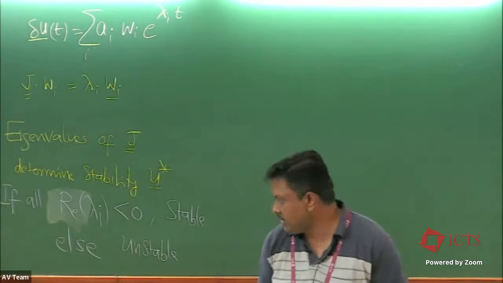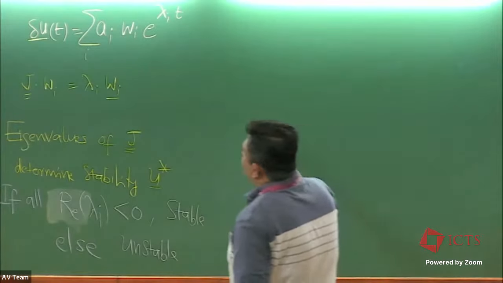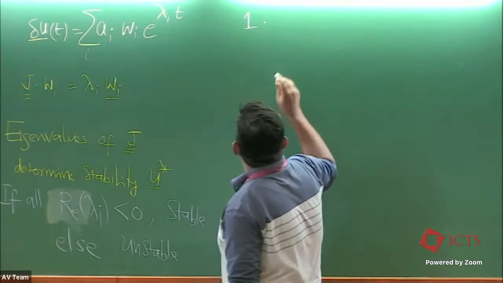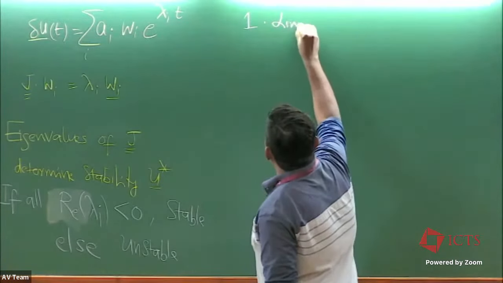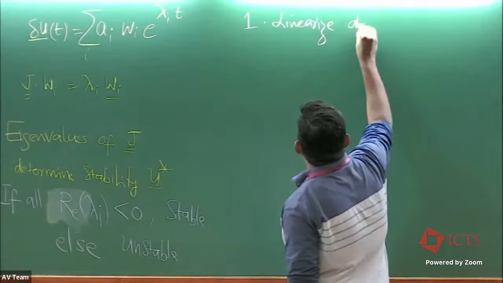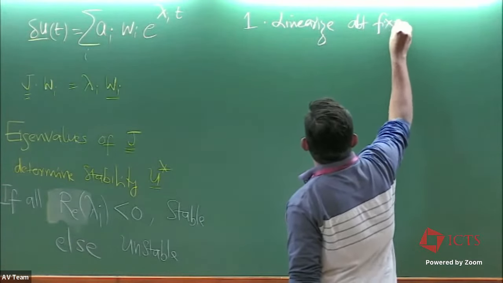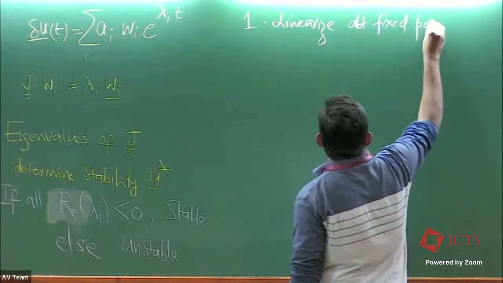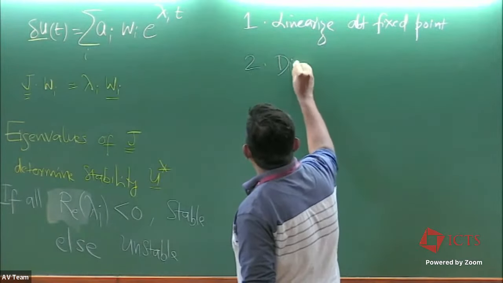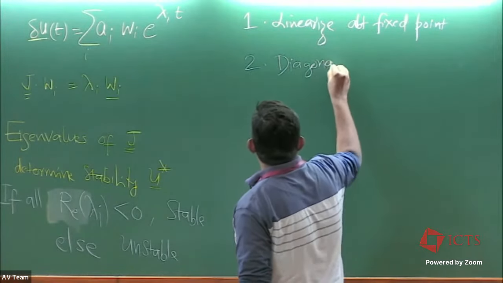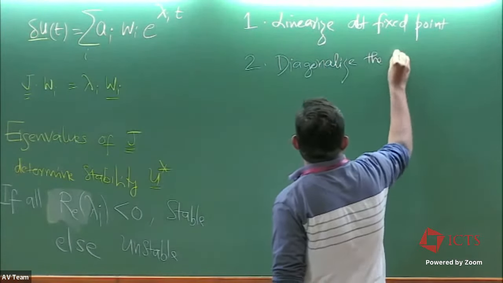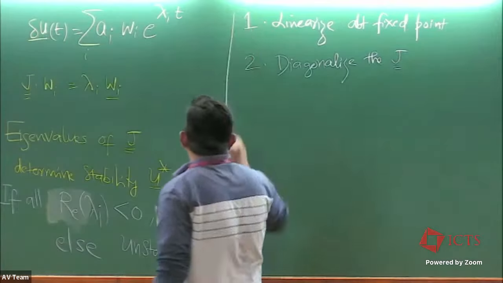So the general procedure is therefore the following, right? You have a nonlinear system, you linearize the system about a fixed point, and you diagonalize the Jacobian matrix, and the eigenvalues of that will basically tell you the stability.